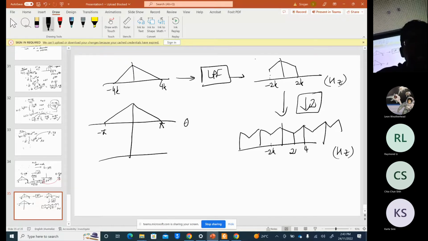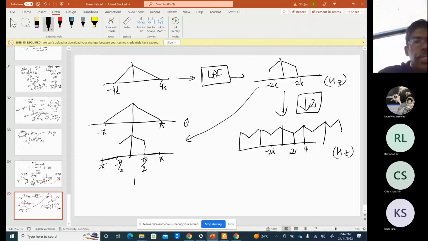After filtering, this is pi by 2, and up to pi it is 0, and minus pi by 2, minus pi. And after downsampling, this point becomes pi, minus pi.